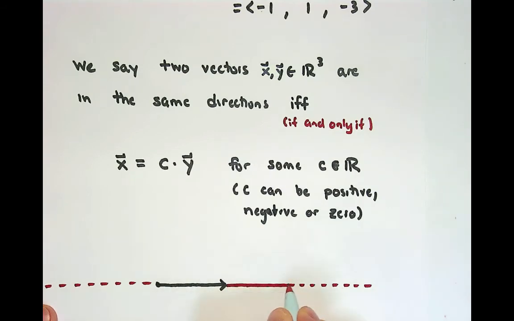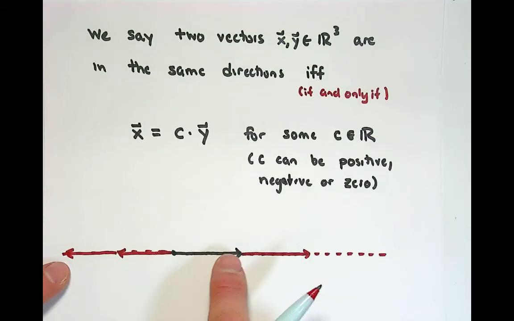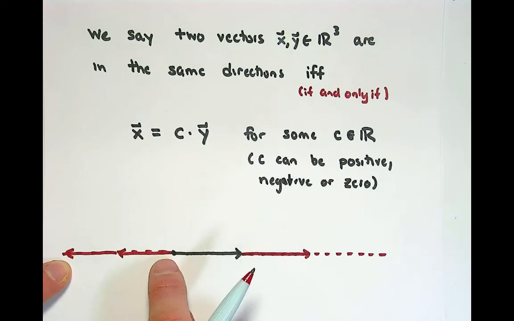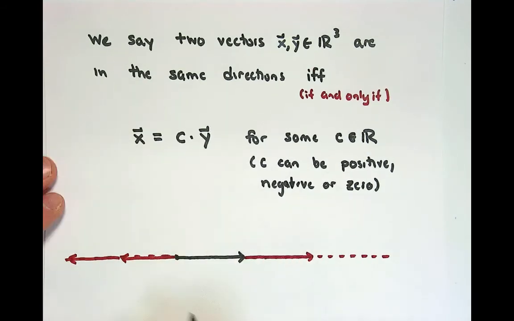So this would be x. Here you would have 2x. Here you had negative 1 times x, negative 2 times x, and you could create this entire line. And we say two different vectors on this line are in the same direction because one of the vectors can be written as a scalar multiple of the other vectors.